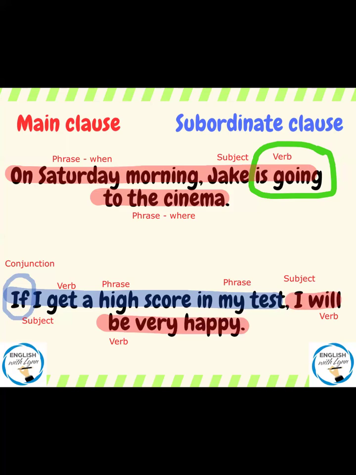You could switch the sentence around. You could say, I will be very happy if I get a high score in my test. So you can either have the subordinate clause at the beginning of the sentence, or at the end. If the subordinate clause is at the beginning of the sentence, remember that you need to have a comma after it.